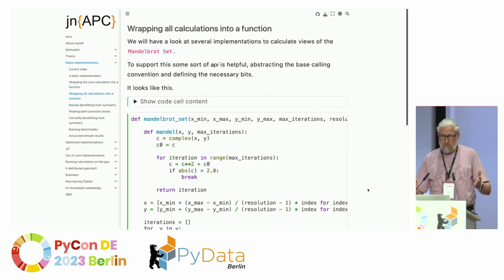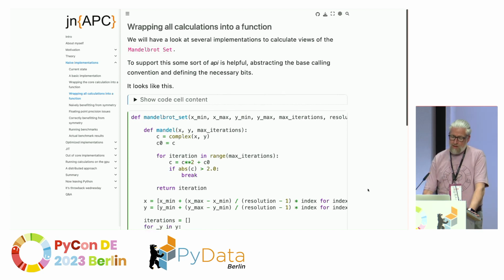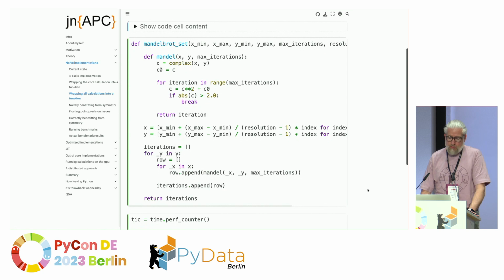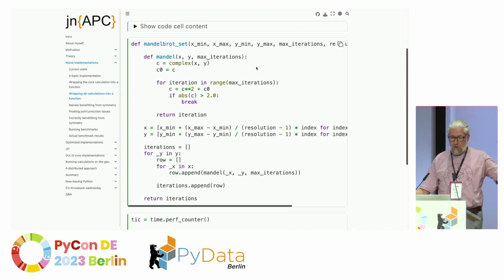Well, the next thing, we have a look at some implementations. So we prepare some benchmarking scenario where we wrap all the code that is necessary into one single function that provides us an API. So whenever we need to calculate the Mandelbrot set, we have some bounding box described by this xmin, xmax, ymin, ymax.